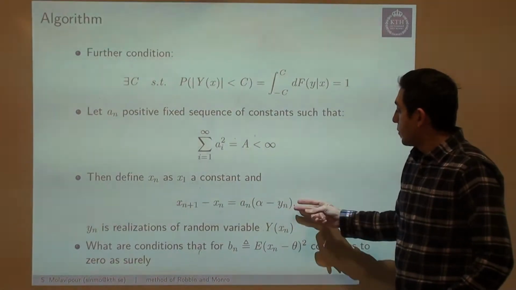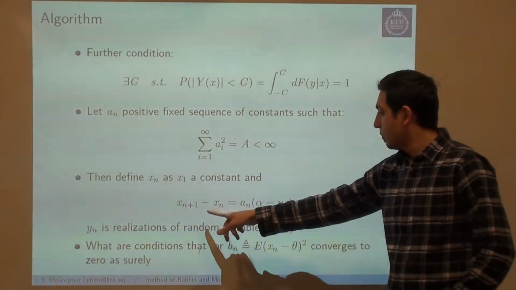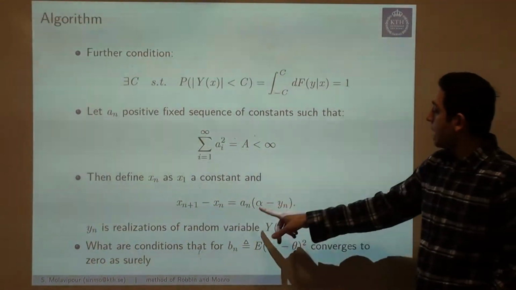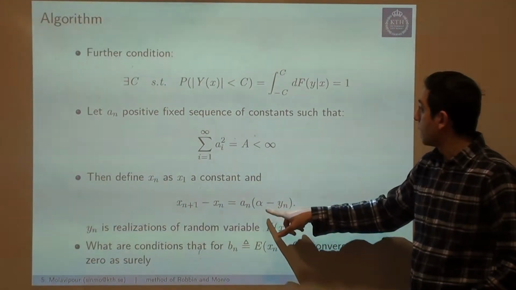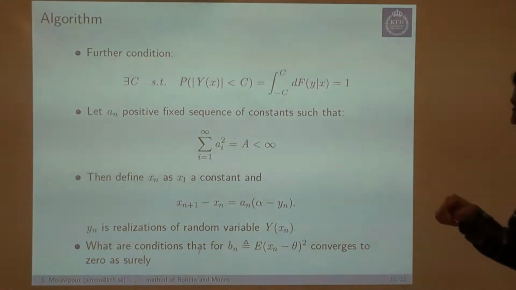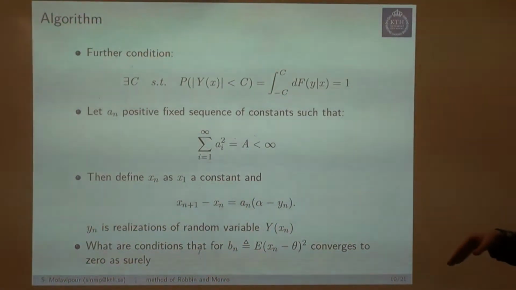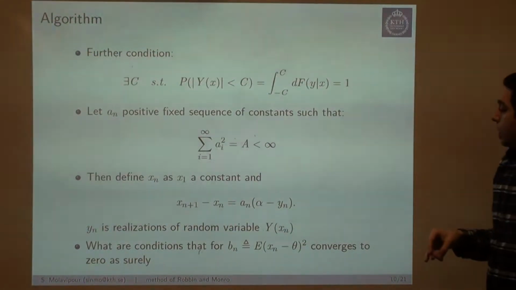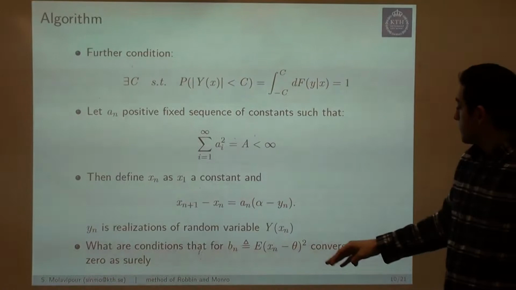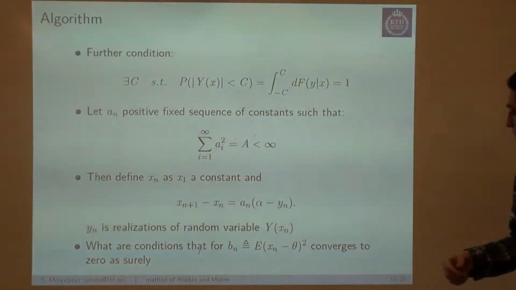And then the main procedure is this: xn plus 1 minus xn equals the sequence an times the alpha minus yn, and the alpha, if you recall, is not the solution of mx, but the value that we were interested to find a solution for. And then yn is obviously the realization for y at each point of xn.